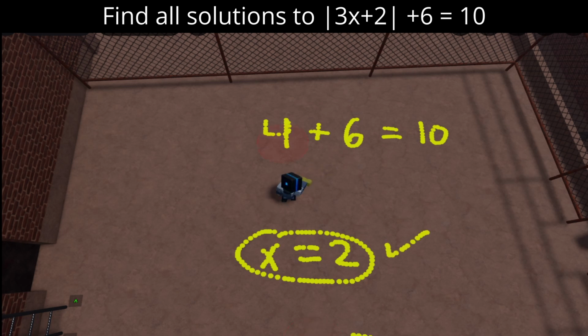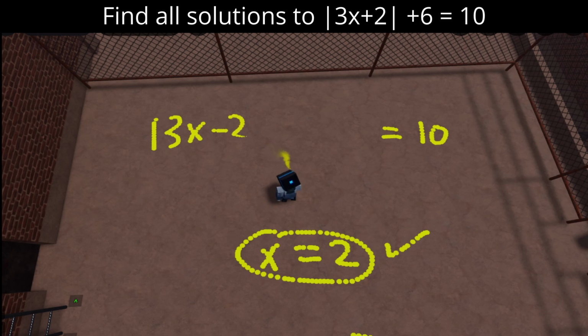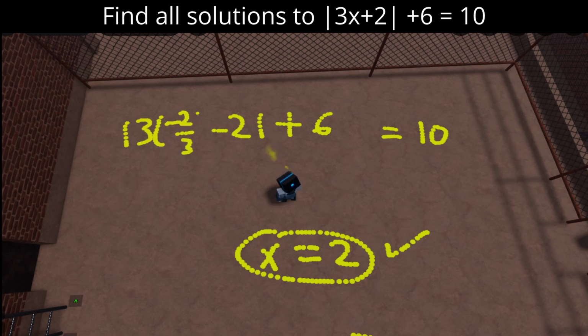We checked it. Now this is the equation with x equal to minus 2/3. So recall our equation was 3x minus 2 plus 6. So let's put in negative 2/3 here for x. If I do that, these 3's will cancel out and I'm left with minus 2 minus 2 plus 6 is equal to 10.